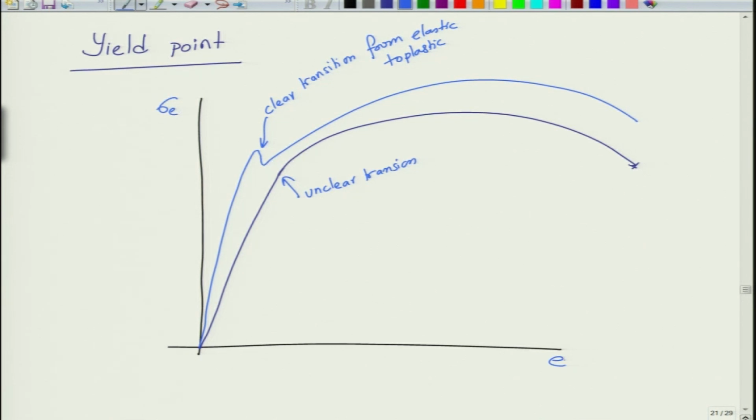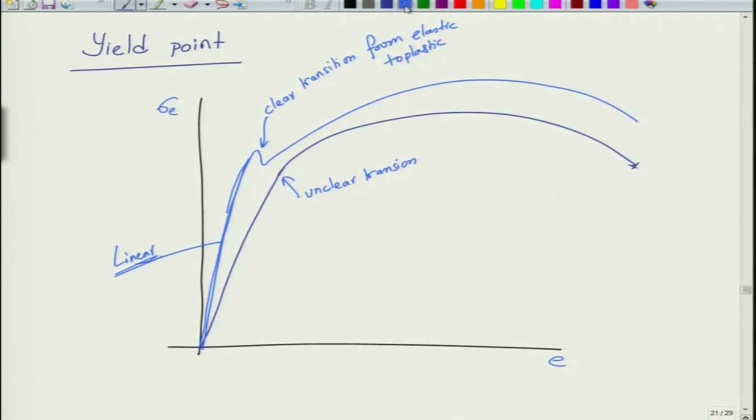In such cases the stress strain measurement is easy, because we have a clear linear region. So, this is the clear linear region, and we can easily calculate from this what the yield stress and the yield strain are. But if there is no clear transition, then 0.2% proof stress is used.